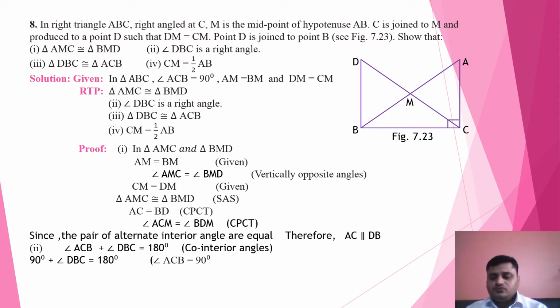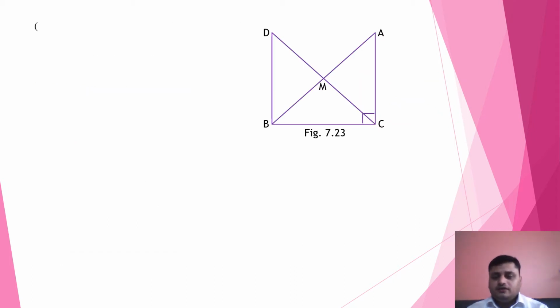So 90 degrees plus angle DBC is equal to 180 degrees. After this, we can say that angle DBC is equal to 90 degrees. I hope you all can see how to prove this part, that is the second part. We proved that these two angles are equal to 90 degrees.